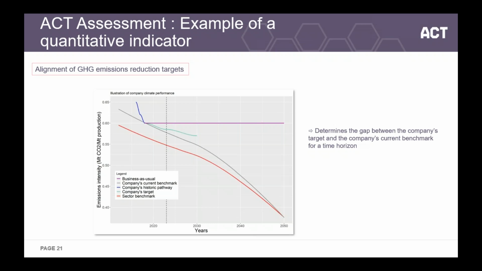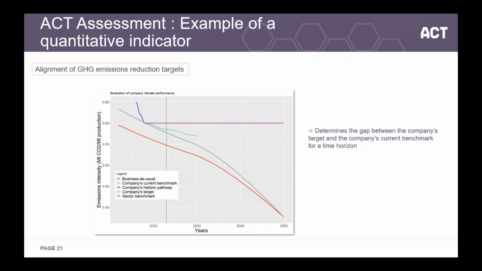And then we have one of the most important pieces of data and information that we will provide in the methodology. This is the sector benchmark, which means the level of ambition that is required for this specific company in order to be aligned with the low carbon transition and with the Paris Agreement.